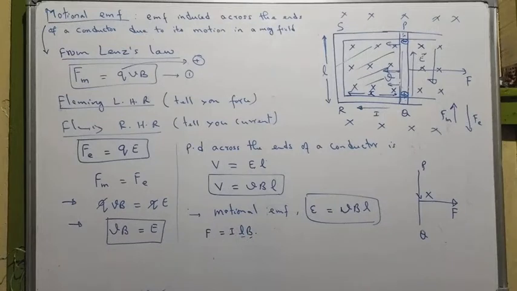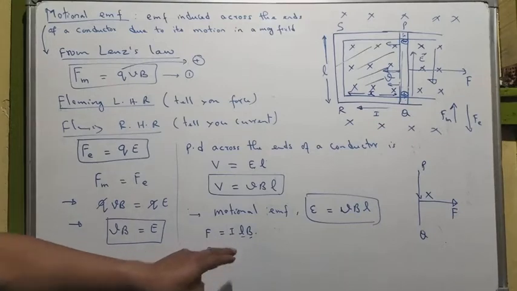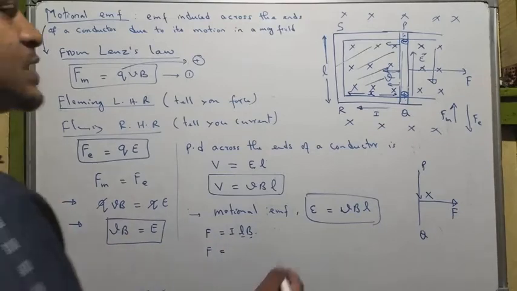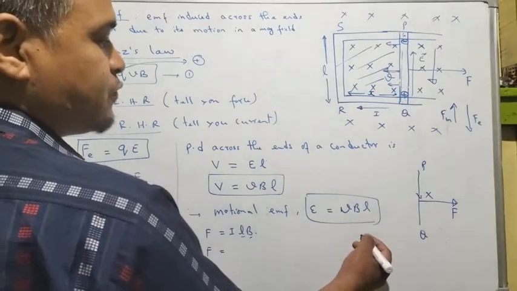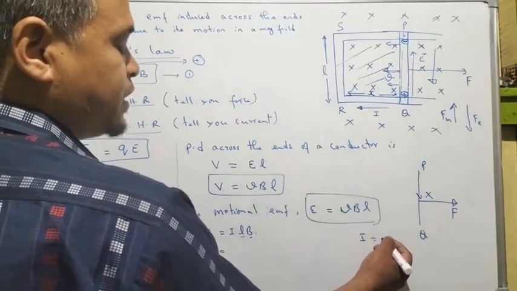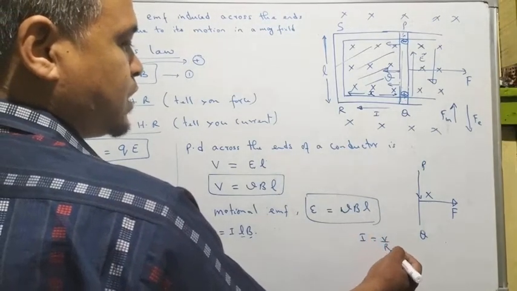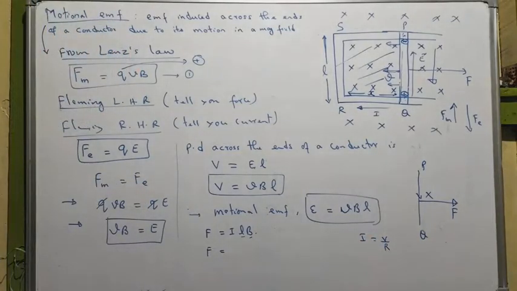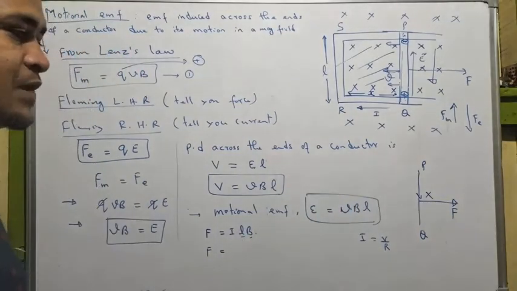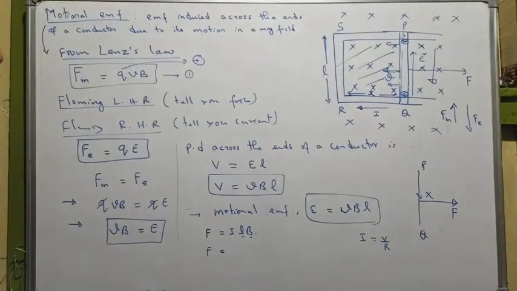Okay, all right. After this, I can say that this force F can also be written as, because you know I. What is I? I is current. From Ohm's law, we know I is equal to V upon R, where V is the potential difference and R is the resistance.